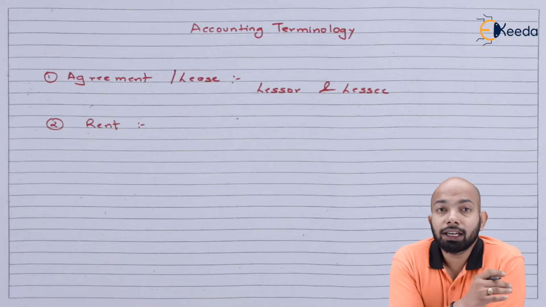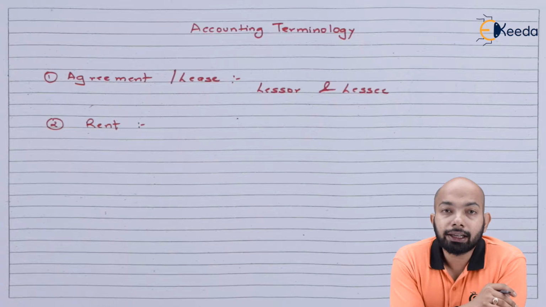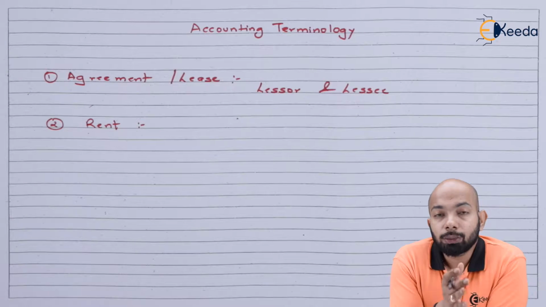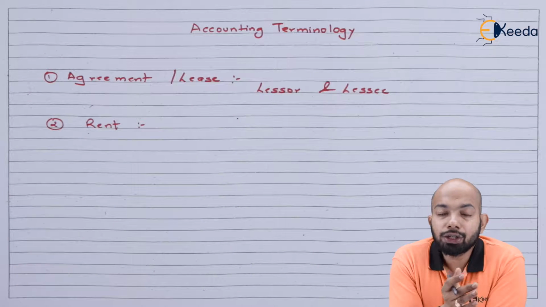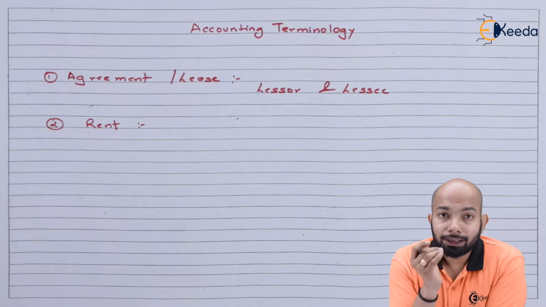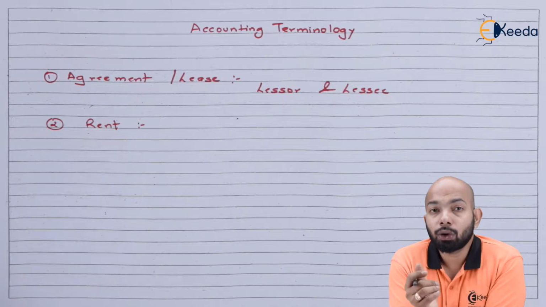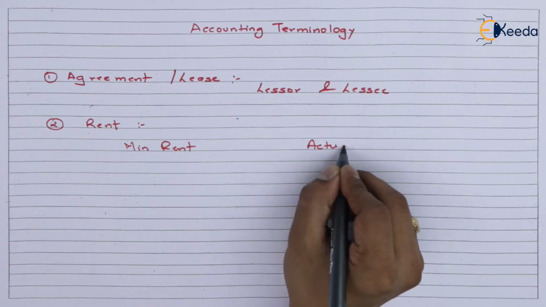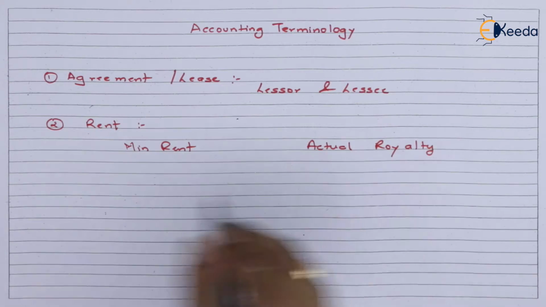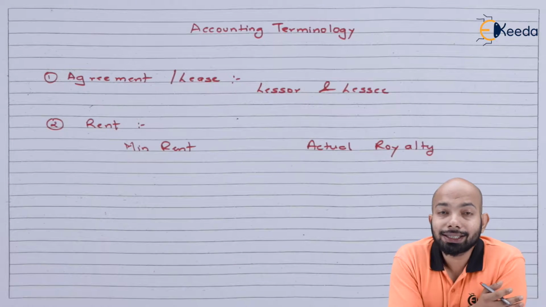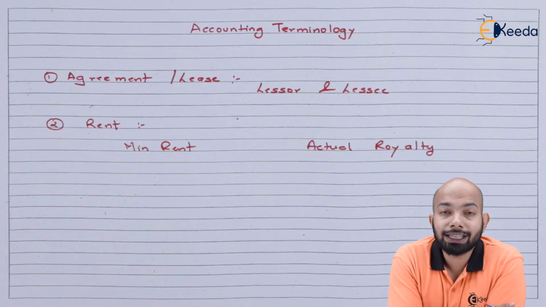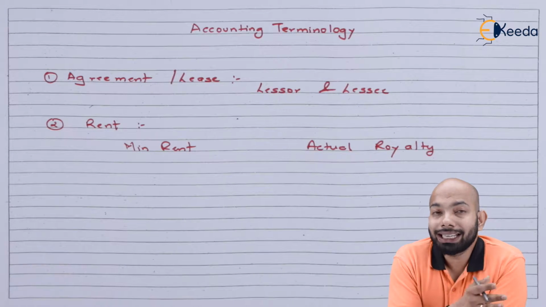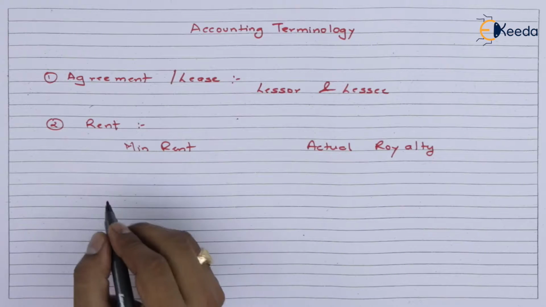Now, the next parameter that we will be discussing here is the rent. In royalty accounts, there is one stringent parameter whereby there is a rent and there is a royalty. These two parameters are considered every time you face royalty accounts.